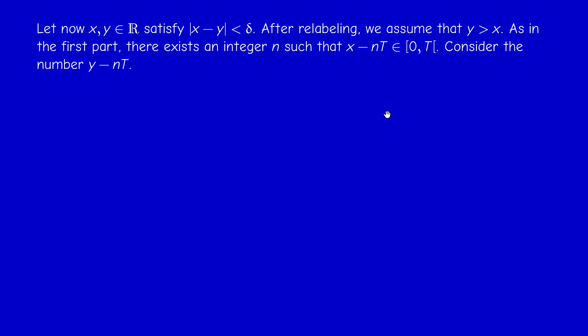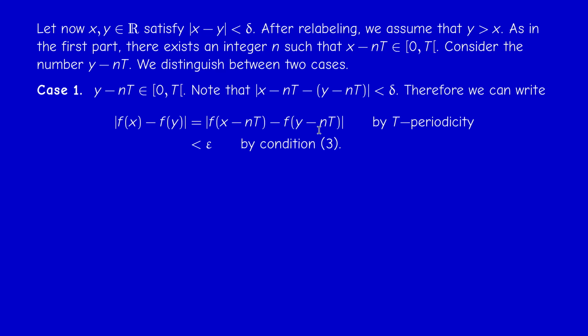Now if you consider the number y minus nt, y minus nt need not be in [0, t], so we have two cases. If you consider this translate of y by the same number n, either y minus nt is in my reference interval [0, t], or it's not.